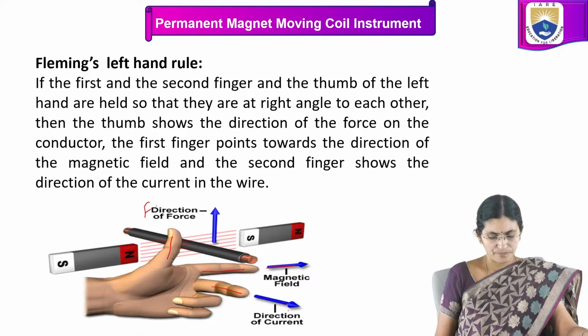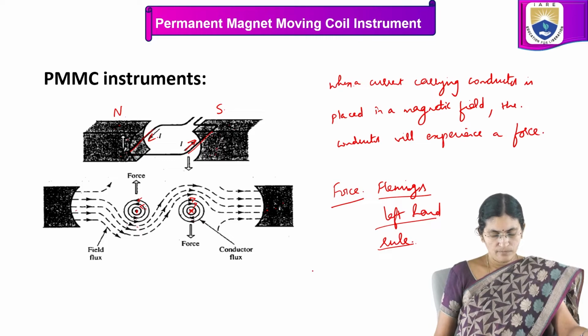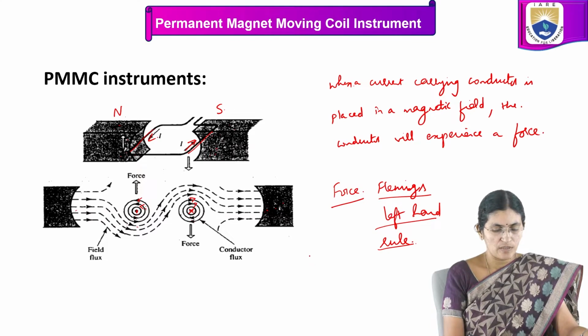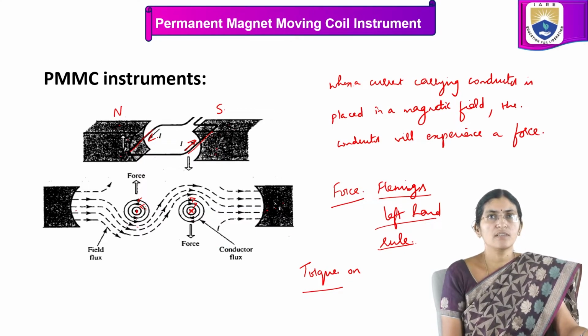and the second finger represents the direction of the current. So there is a twisting force on this side of the coil as well as on this side of the coil, due to which the coil will rotate. Torque will be acting on the coil, and due to this torque the coil will rotate.